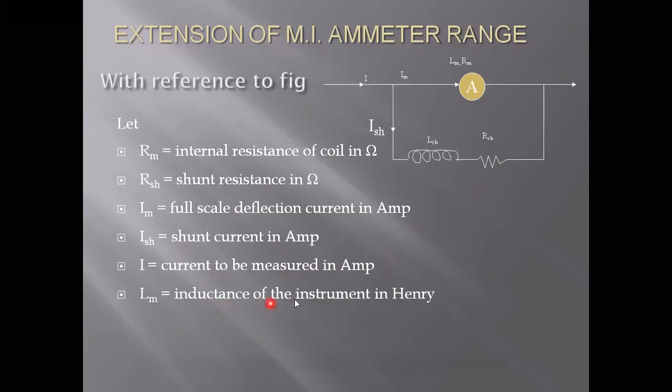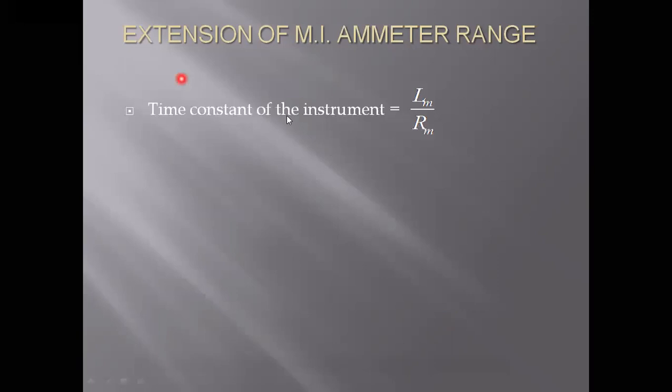Lm is the inductance of the instrument in Henry, LSH is the inductance of the shunt in Henry. The time constant of the coil is L by R, so the time constant of the instrument is Lm by Rm. Similarly, the time constant of the shunt is LSH by RSH.